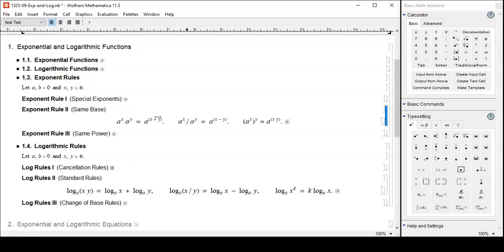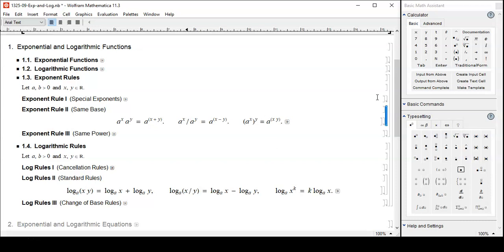Multiplication becomes addition in power, division becomes subtraction in power, and power of power, we multiply the powers. So the third one is a little bit harder to see with some connection with this one, but the other two are easy to understand. It's the inverse. Multiplication becomes addition, and the division becomes subtraction.